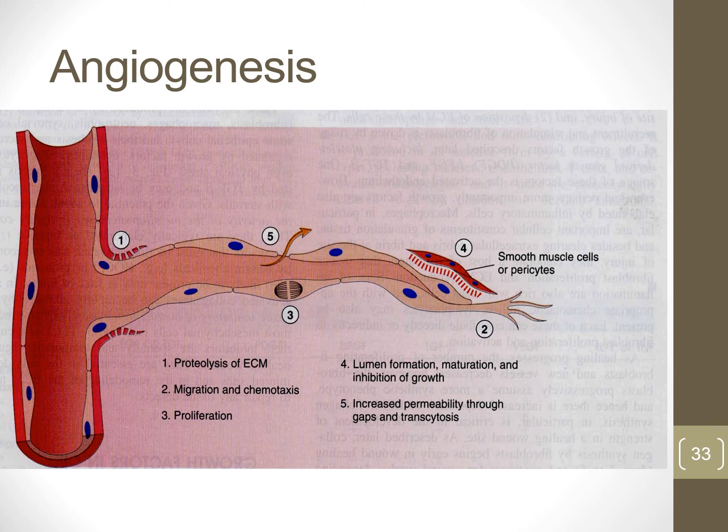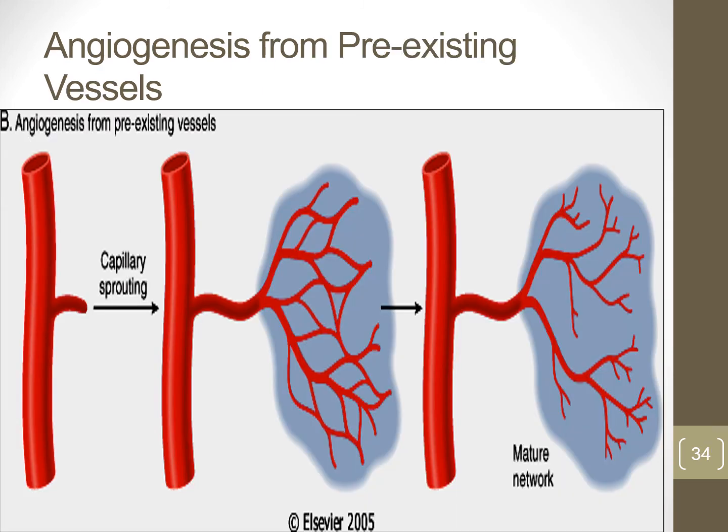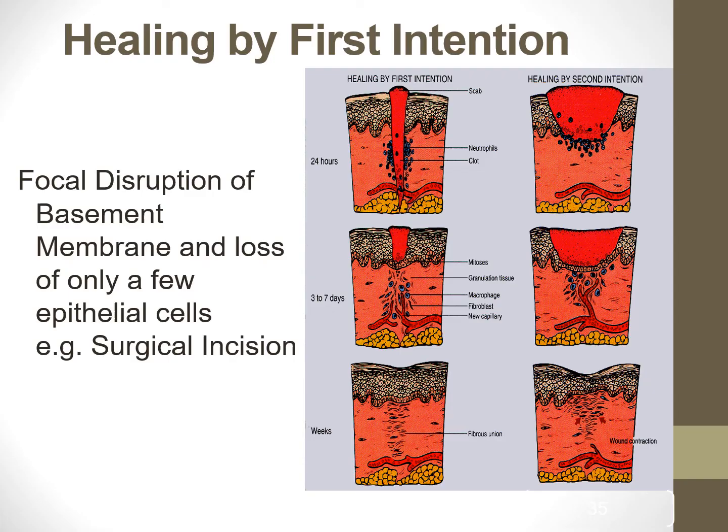Increased permeability through gaps and transcytosis in between the endothelial cells. So this is the process of sprouting, production of network, and then this network of blood vessels will mature under the influence of the growth factors.